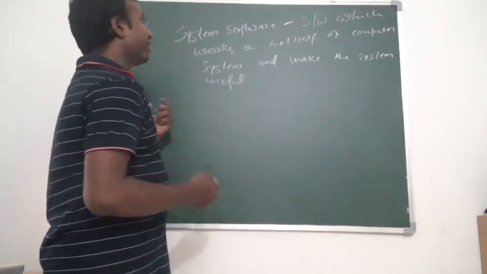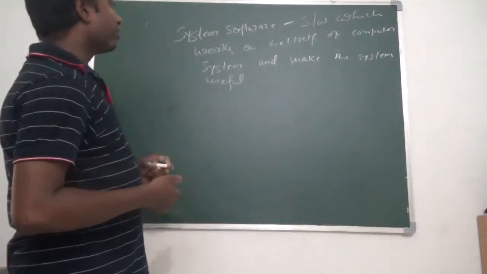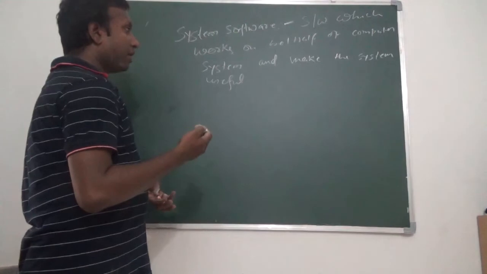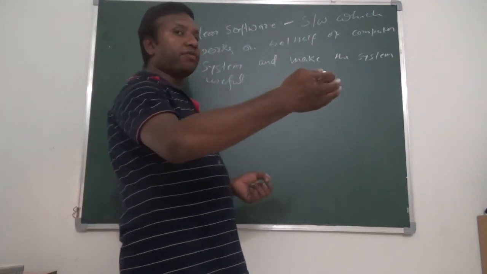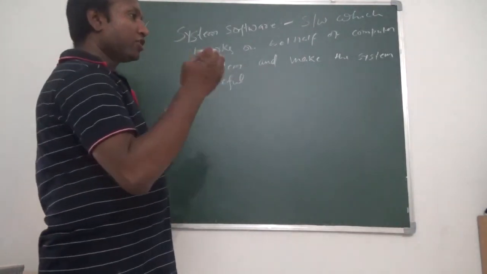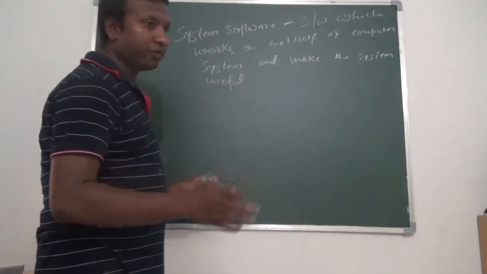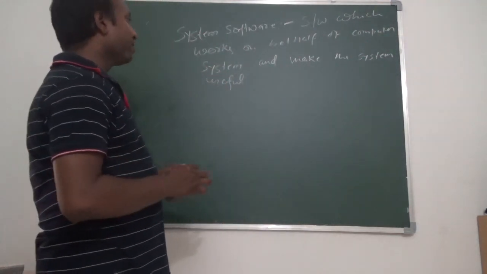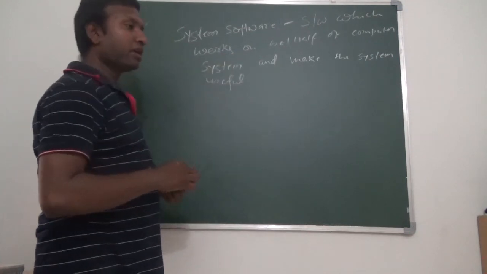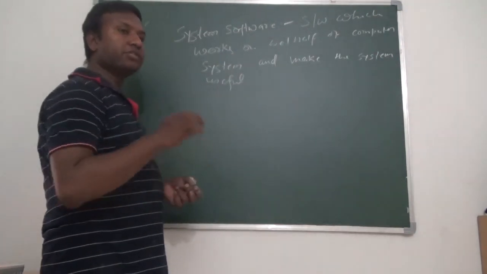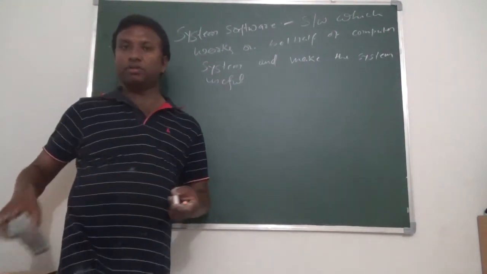So in that way it is working on behalf of the operating system, on behalf of the computer system, and it is because of these softwares we are able to design the application software. That is why these kind of software make the operating system useful. If we don't have any kind of system software, then the computer system is not very useful, right?